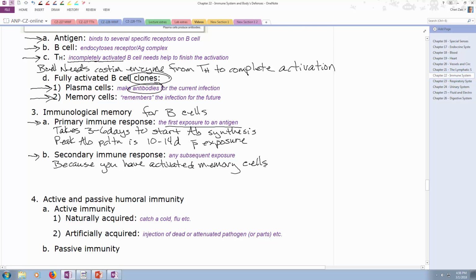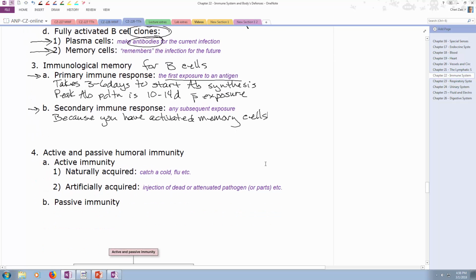You have activated memory cells of B cells and T helper cells. Easy to trigger the cloning. And you know, if you're triggering cloning, you're already activated, and you will get peak antibody production in 2 to 3 days. And it's significantly more than the first time around.